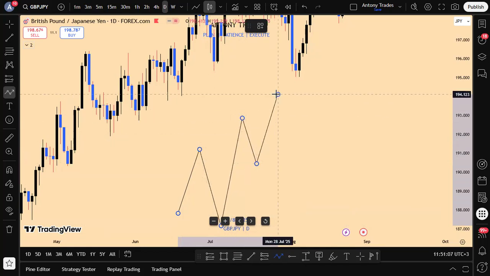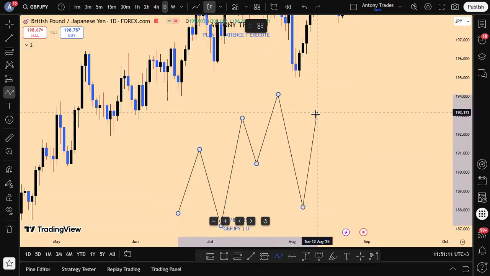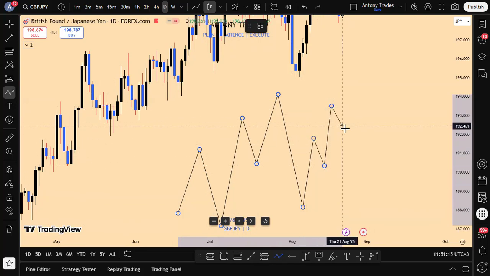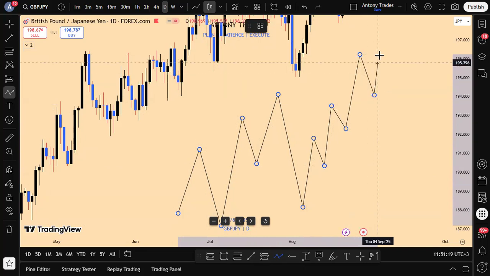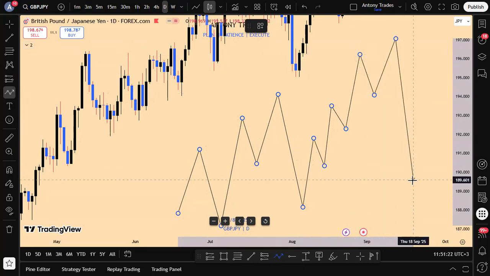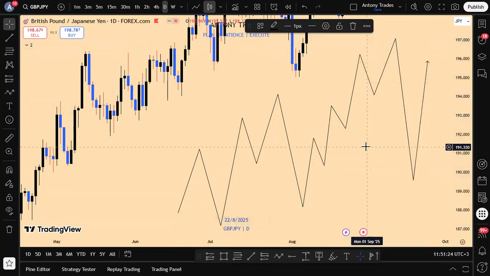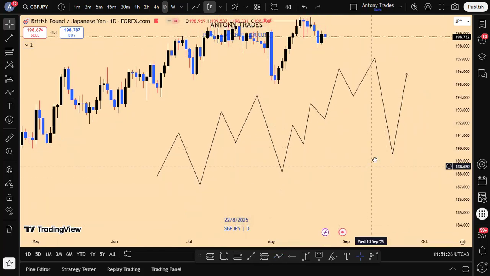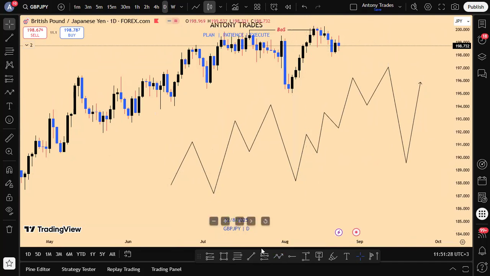Then we have an inducement here. Then we see the market moving to the downside like this. Maybe we can have a minor inducement here. Then we have a break of structure like this. Maybe like this.